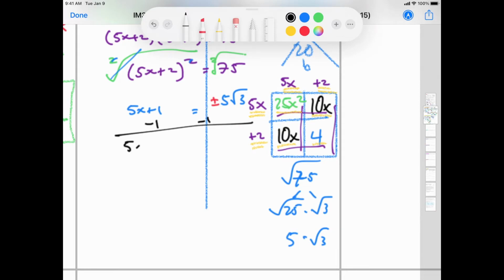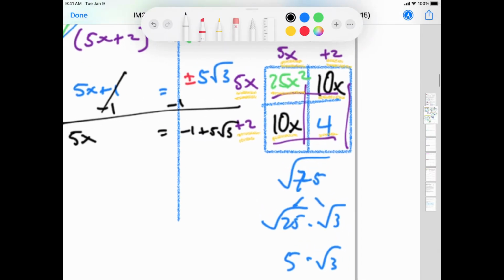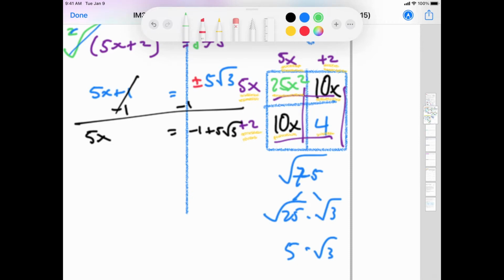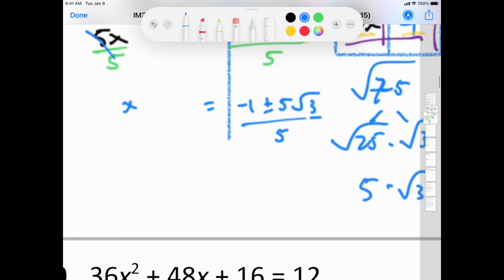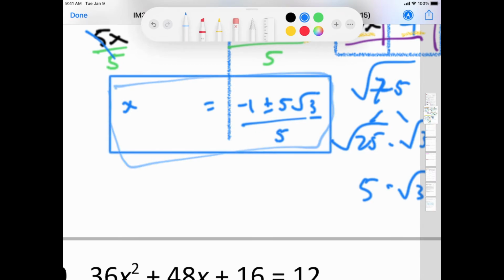This is going to give us 5x equals negative 1 plus or minus 5 radical 3. And then we're going to divide by 5 here. You're going to get x equals negative 1 plus or minus 5 radical 3 over 5. Okay, I'm going to box this to show there's our answer.